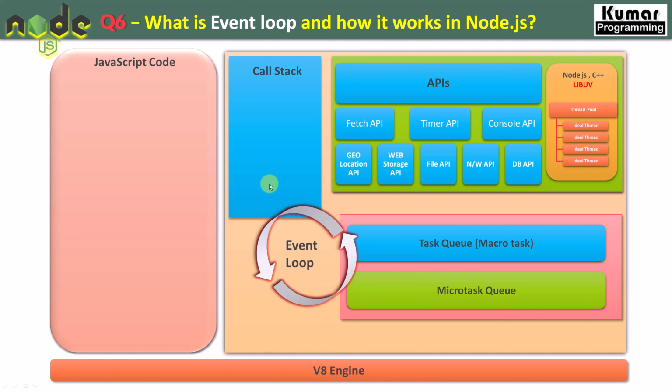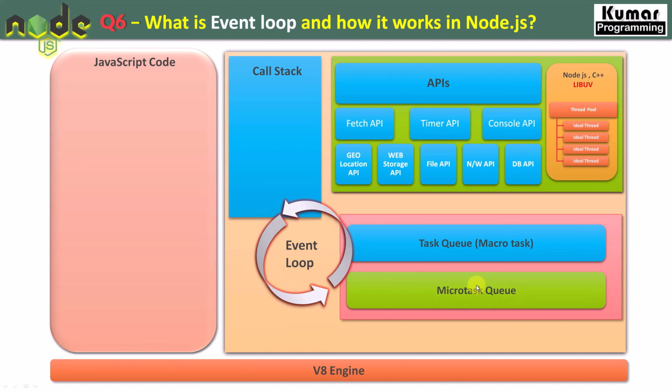But if they are asynchronous functions, those async functions are getting assigned to the APIs, and the APIs are getting called by using the libuv library, and they are assigned a thread for that particular task and get executed. And if they are specific to a callback function, then it's going to be assigned to the task queue, and if they are promises, then they are going to be assigned to the micro task queue, right?